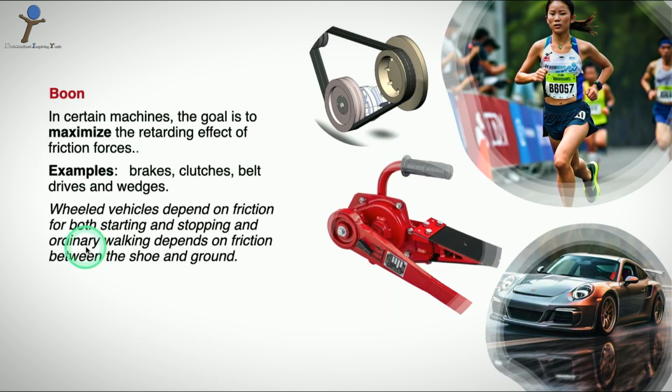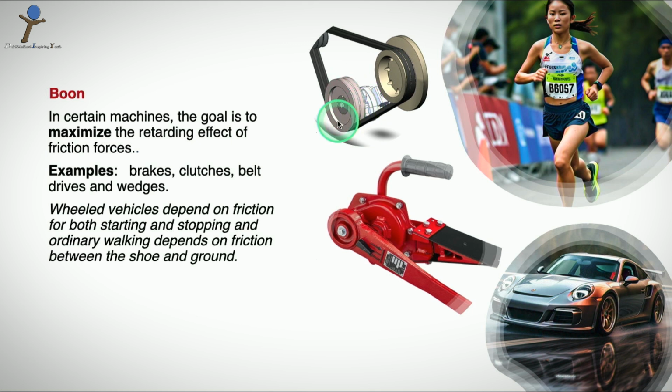Let's look at friction as a boon. In certain machines, the goal is to maximize the retarding effect of the friction forces. This is an example of belt and pulley. In this particular system, friction in fact is the driving force for the belt to roll on the pulley.